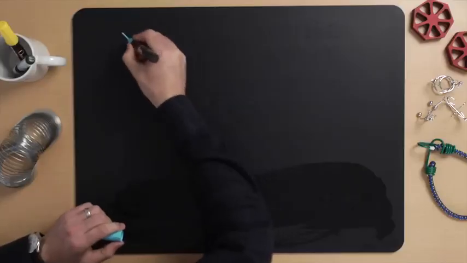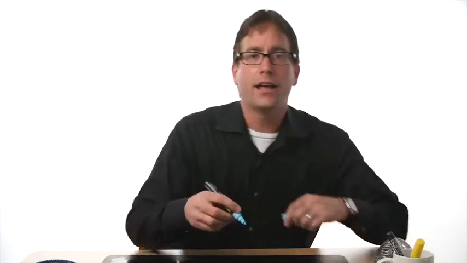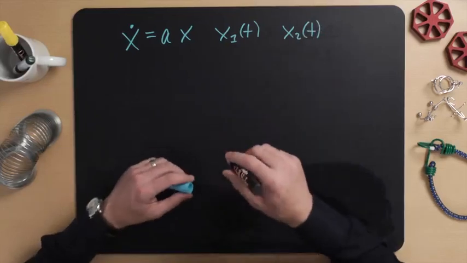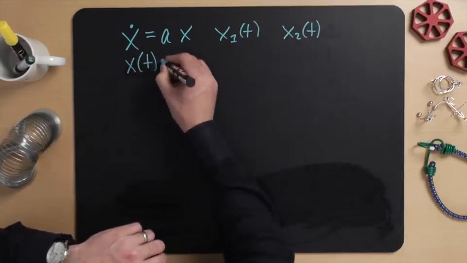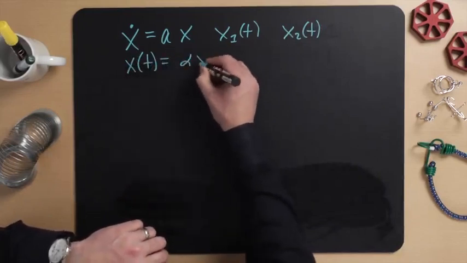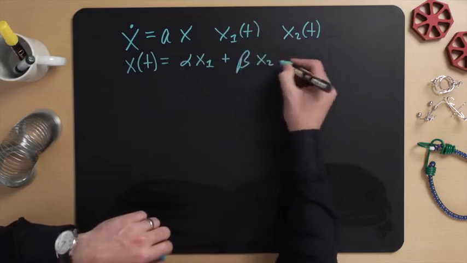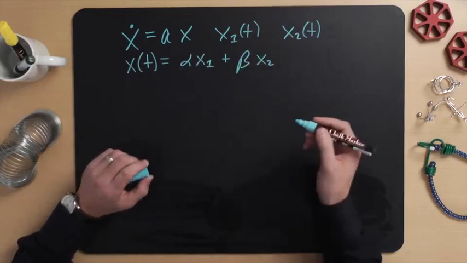Now let's say that x dot equals a of x, and we have two solutions, x1 of t and x2 of t, both of which solve the differential equation. Now we're going to define x of t is equal to alpha x1 plus beta x2. Now the question is, does x of t solve the differential equation?